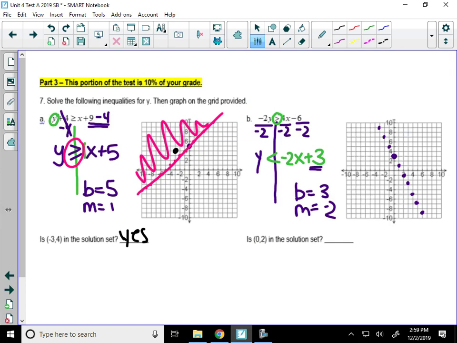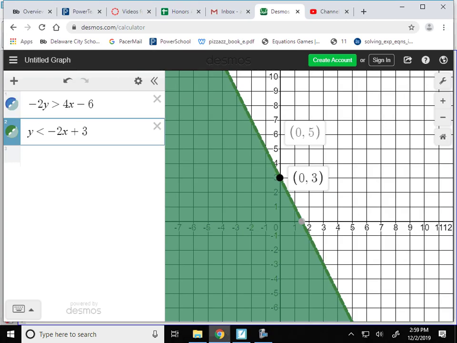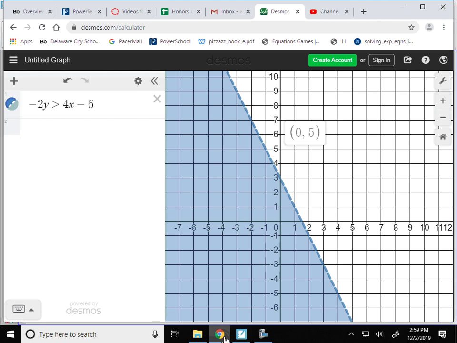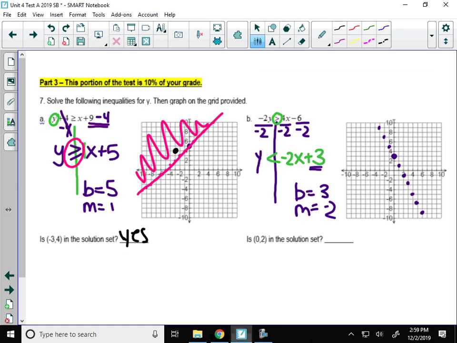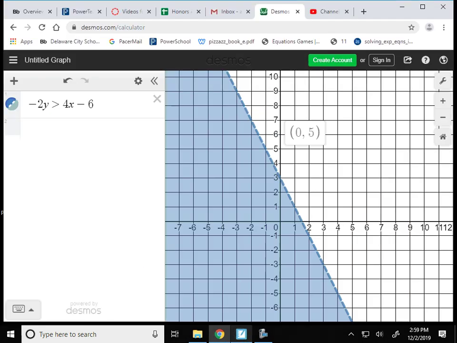All right, now the symbol is less than with no line underneath. So I'm going to use a dotted line just like what's here on Desmos. It's a little easier to see here. So I connect those with a dotted line. And less than means shading below, which I have on Desmos.